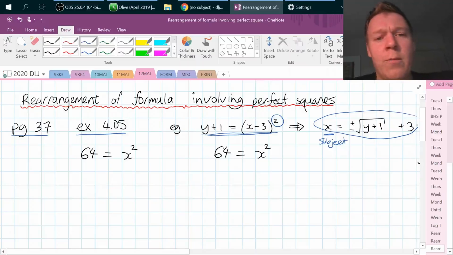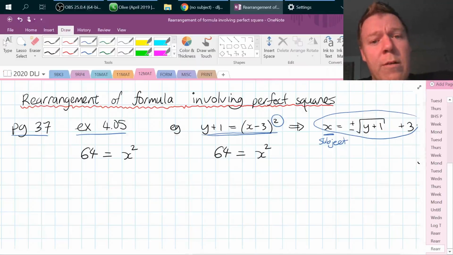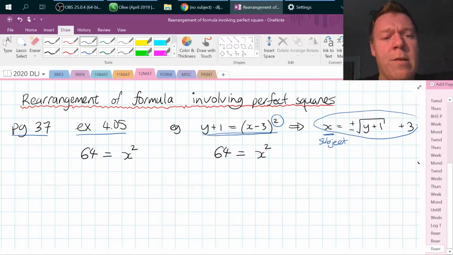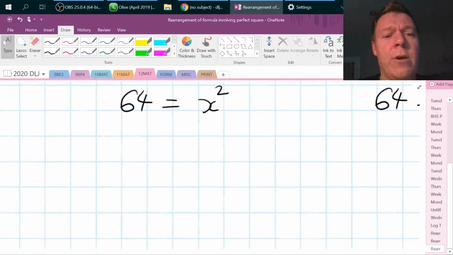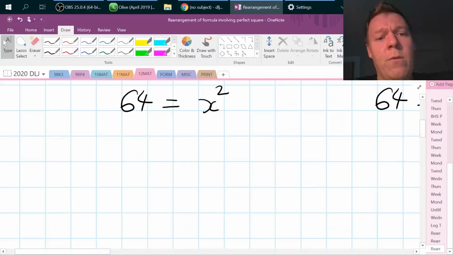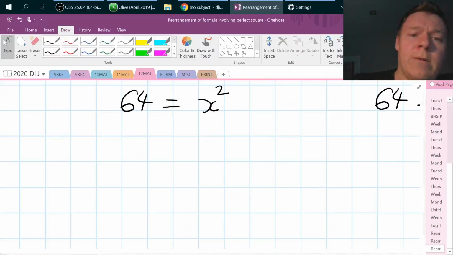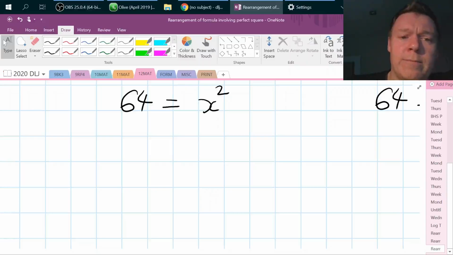Alright, so before we begin, we need to know a few things about square roots. So I'm just going to take you through some basics. So something that we know is 64 equals x squared. So we all know the answer to this. It's 8. But how do you show your working?